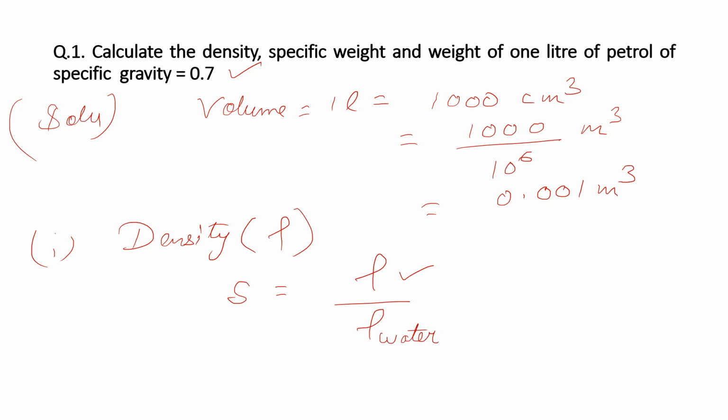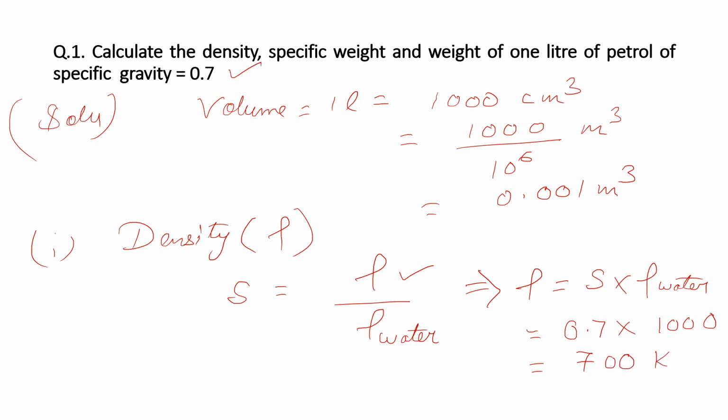So we will rewrite the equation as density of petrol will be specific gravity of petrol multiplied by density of water. Specific gravity is 0.7 and density of water is 1000 kg per meter cube. So we get our density as 700 kg per meter cube. This is the answer of the first part, that is density.